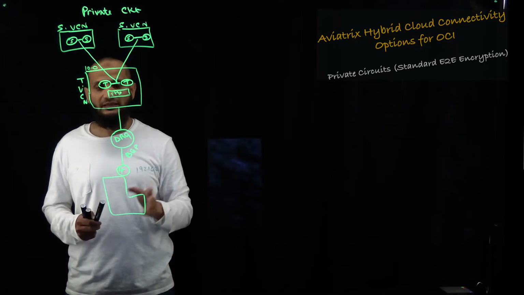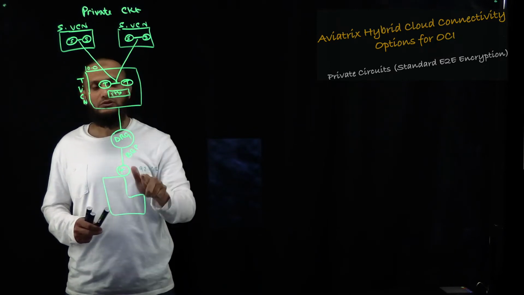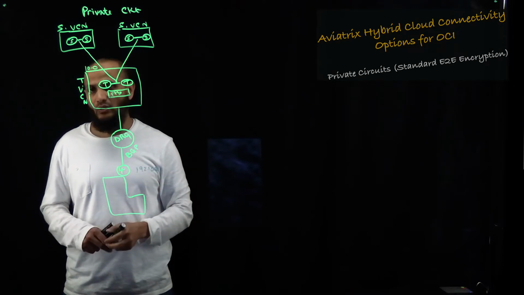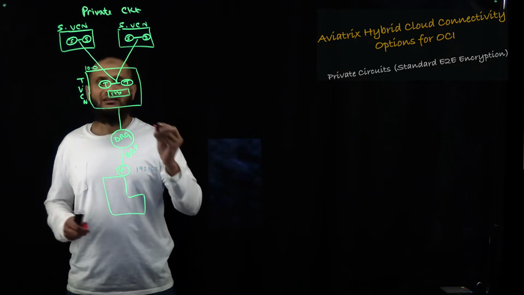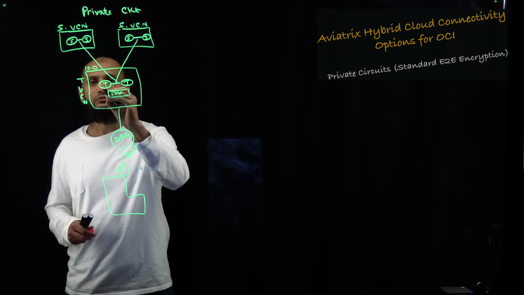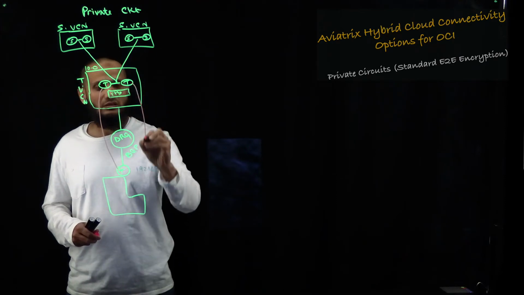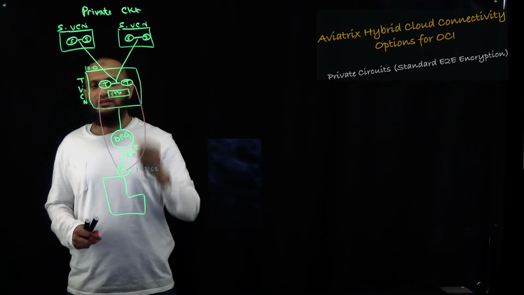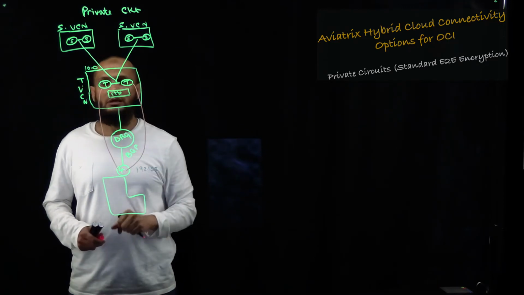That's all we need. Once we have the connectivity from the transit gateway to 192.168, basically we can now create our overlay, the Aviatrix overlay. So what's going to happen at this point, we are going to create the IPsec connection with the on-prem world like this.